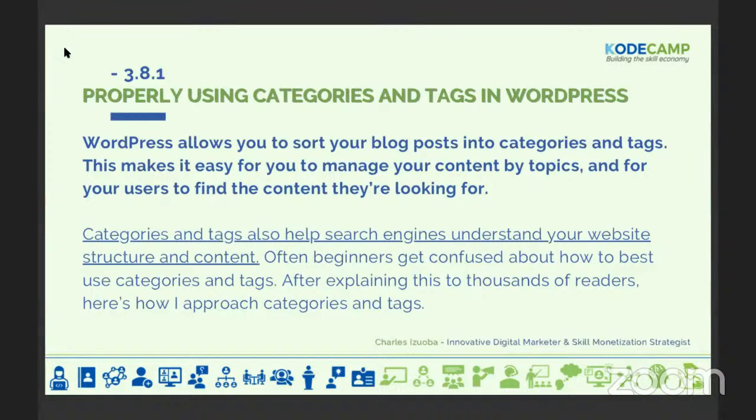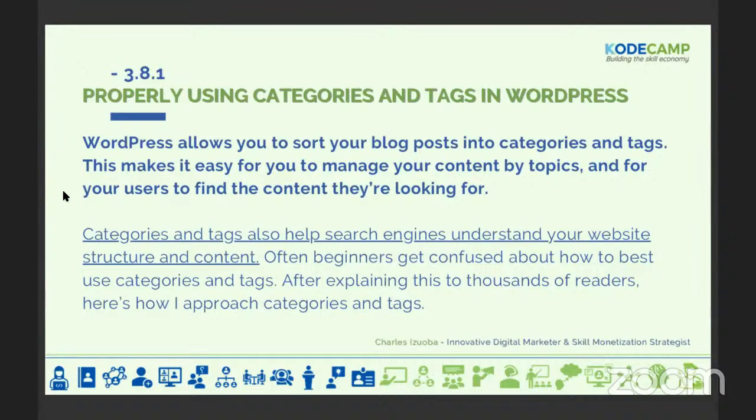So most times after creating a website for a client and I tell them, make sure you use your categories properly, I've created your shop to have this number of categories and your blog, all those stuff, they still find it a bit challenging to understand where I'm driving at, okay?